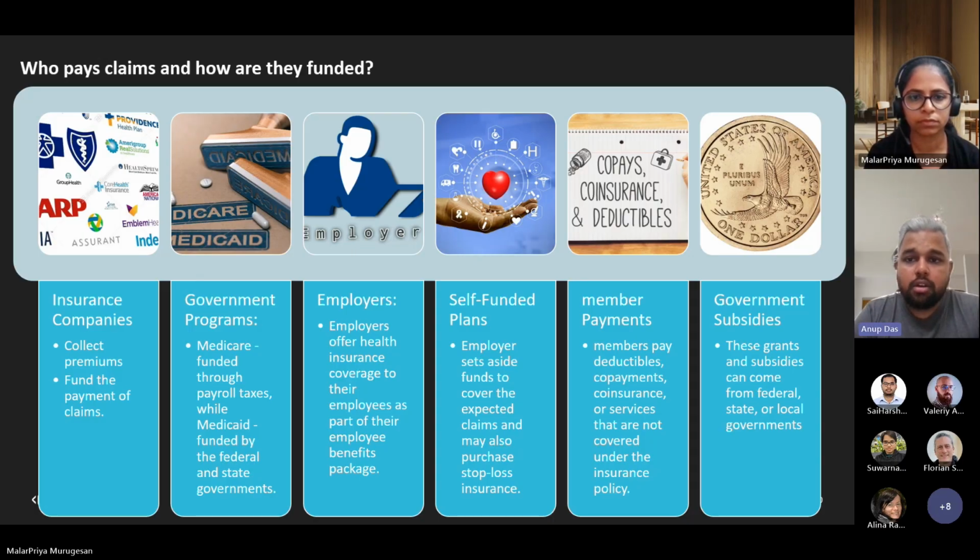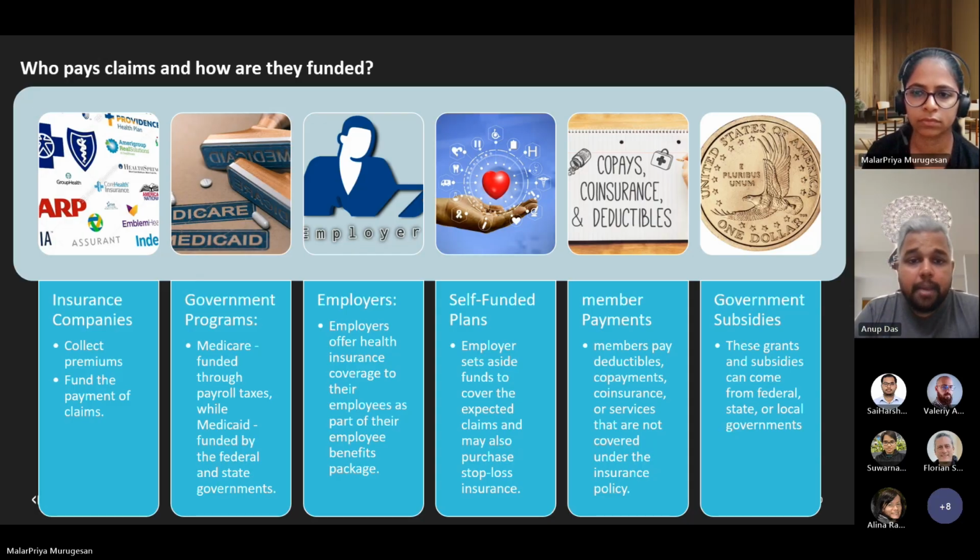Moving on to the next, as it is a US healthcare system, the government funded programs like Medicare and Medicaid. Where do they get all this funding from? Either through payroll taxes or joint accounts funded by the federal and state governments, and these funds are generally collected through the programs and used to pay the healthcare providers for the services they have provided or are eligible for.